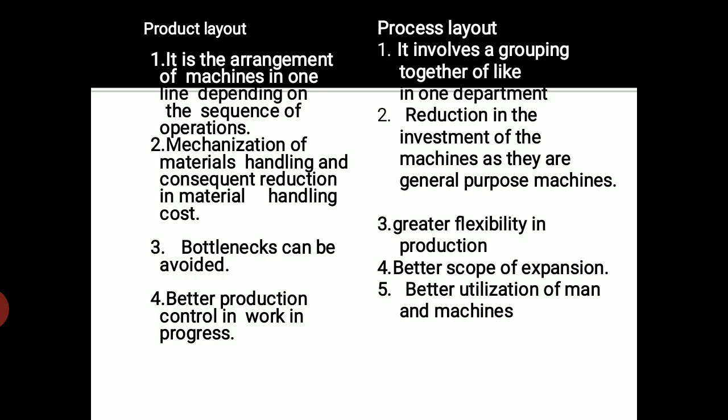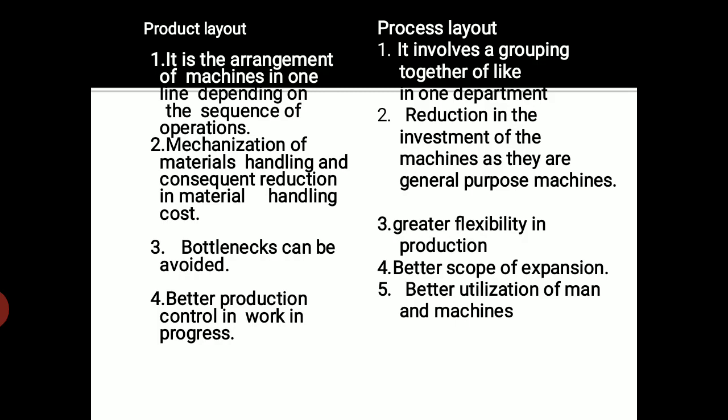Now if we go to the fourth one, what is it? Better production control in work progress. Yes, every time you can check whatever work is being done, very easily. Moreover, in the product layout, what is the speciality? The raw material falls at the beginning, and when it comes out at the end it is the perfect finished goods.